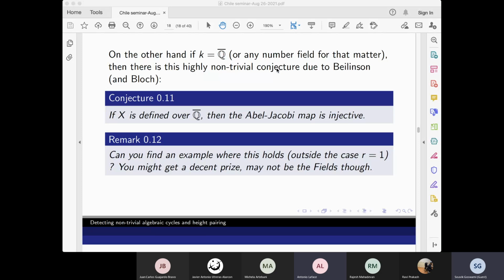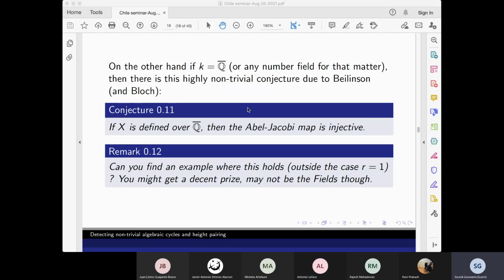The Abel-Jacobi map is from cycles homologous to 0 to the Jacobian. Yes, but in that case, the domain and codomain are trivial, so it's injective, 0 mapping to 0.